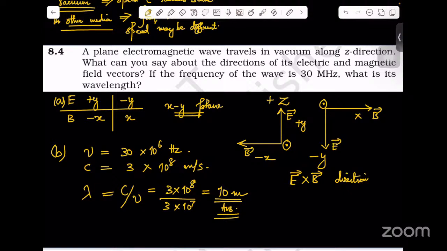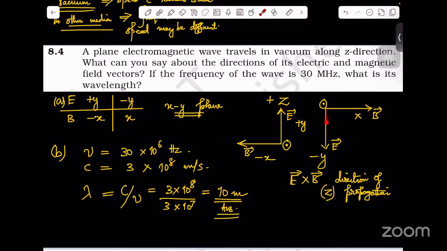E cross B is the direction of propagation of the wave. And we said that the direction of propagation is the positive z direction. So what could be the possibilities for E and B? If E was along plus y and B was along minus x, then E cross B could be along this plus z direction.